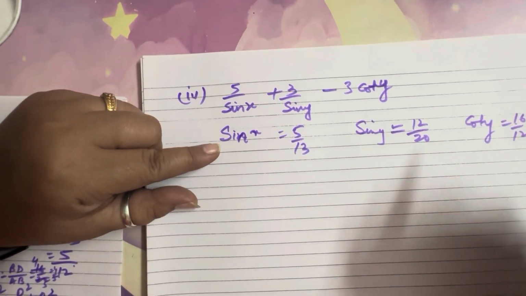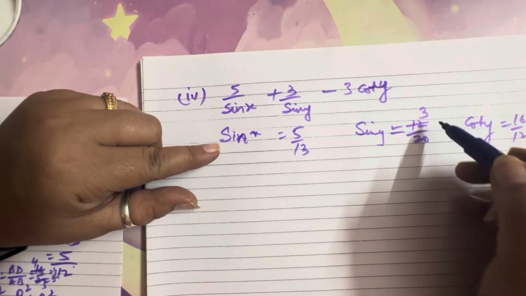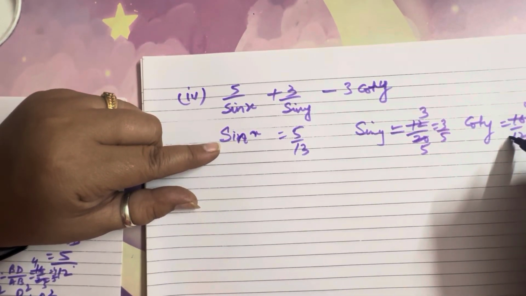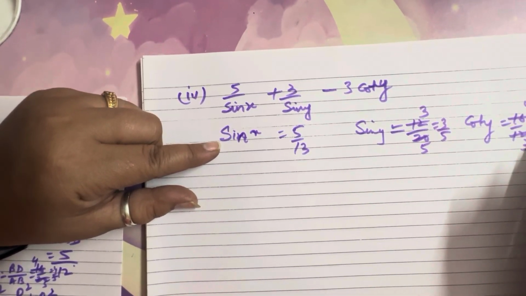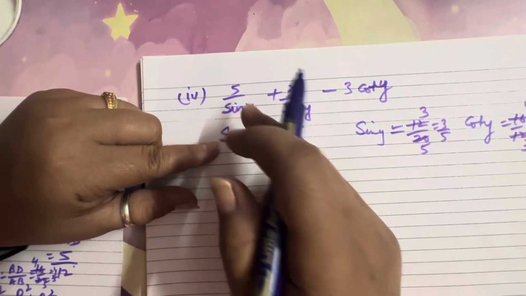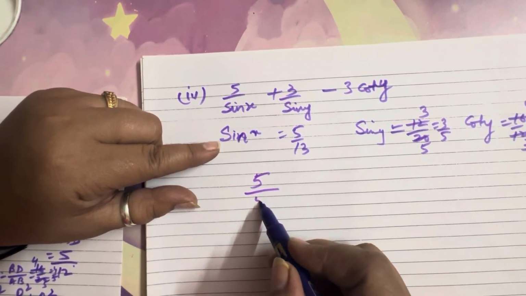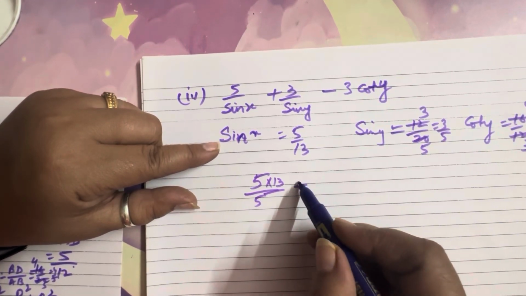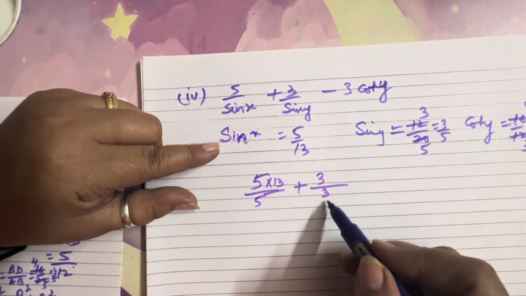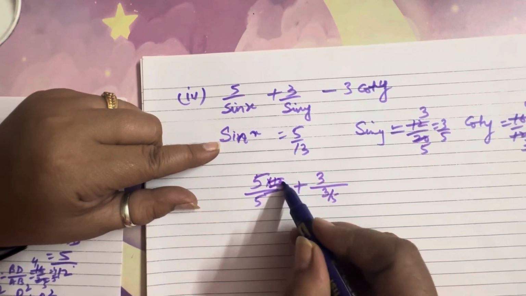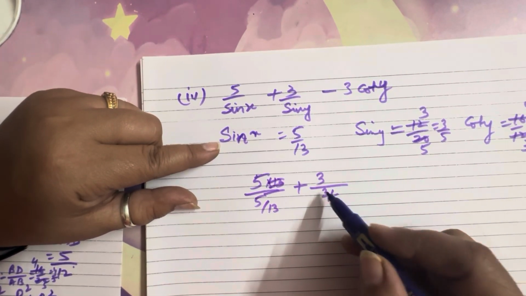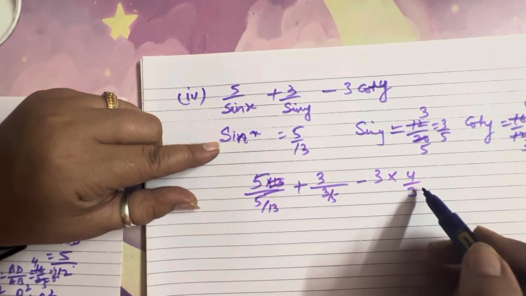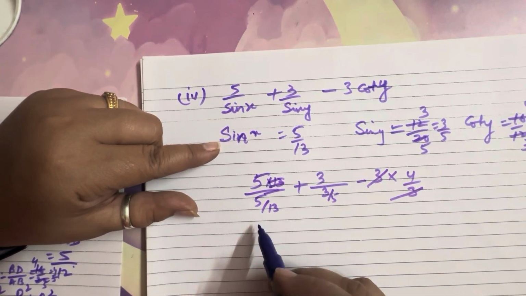Now what will we do? If we can simplify, we will. Here 3/5 and here 4/3 will come. Now these values will be put in this. 5/13 means it goes up, and plus 3/5 minus 3 into 4/3. This 3 and 3 will get cancelled.